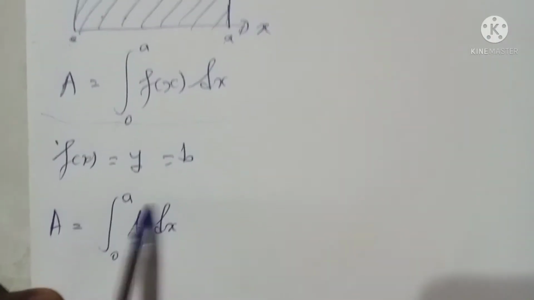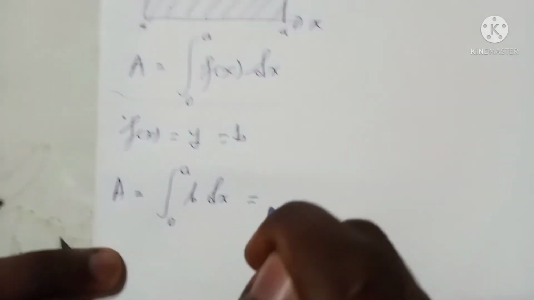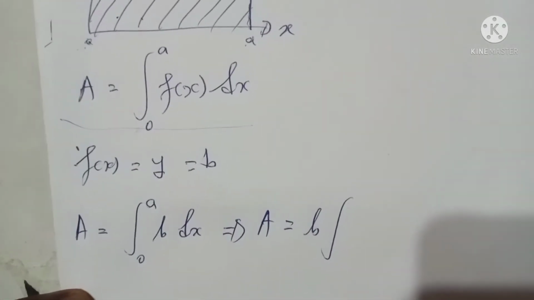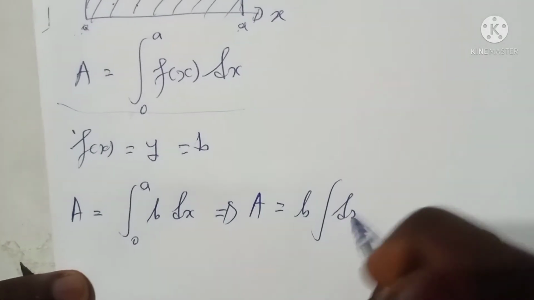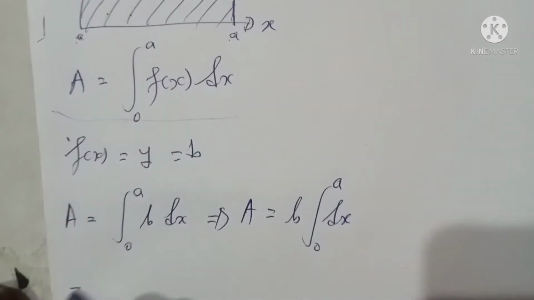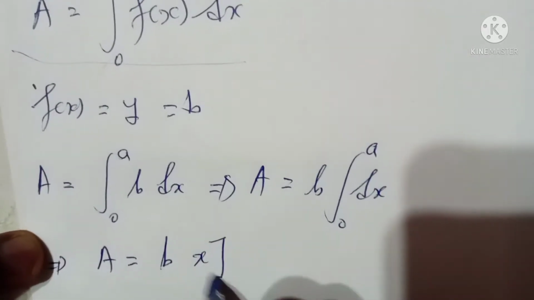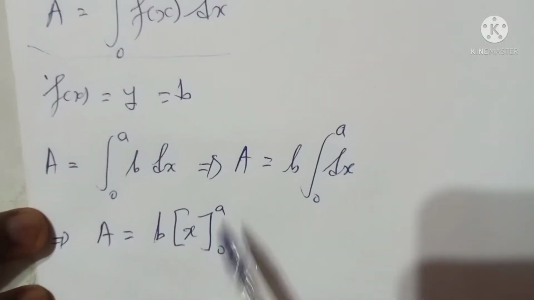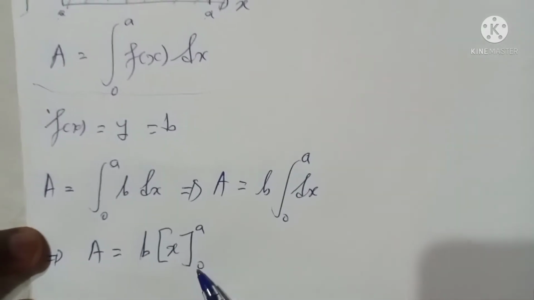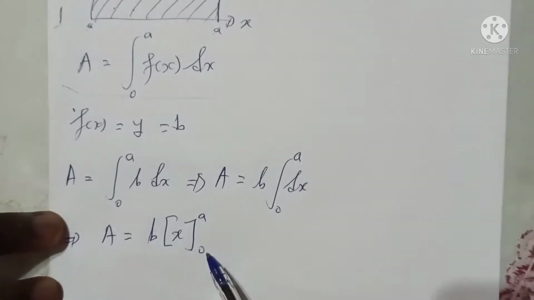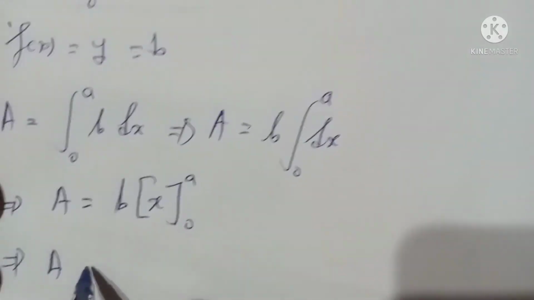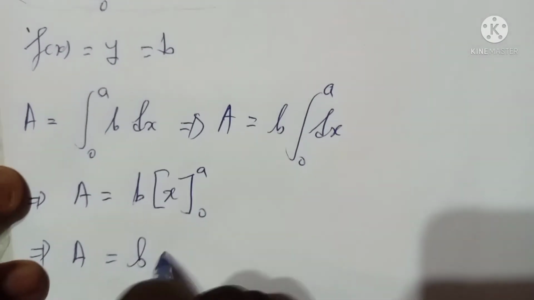Integrating this, area equals bx from 0 to a. Now replacing the limits, we take the upper limit minus the lower limit. Our lower limit is 0, so it is useless replacing it. So the area of the rectangle is equal to b times a.